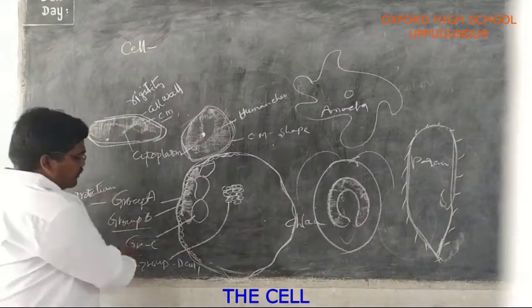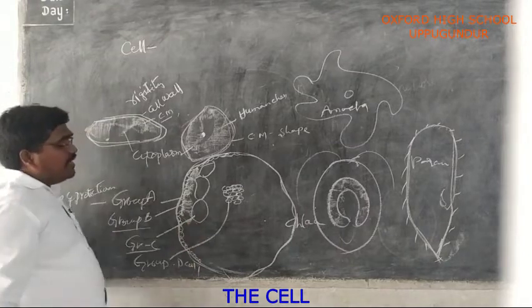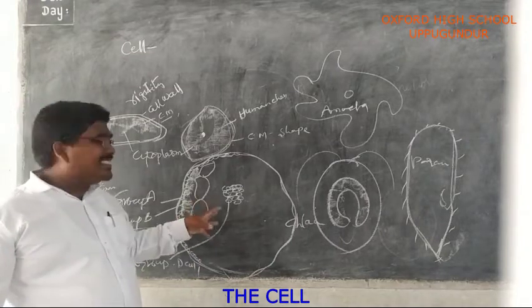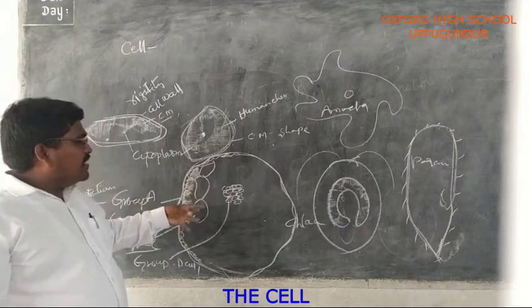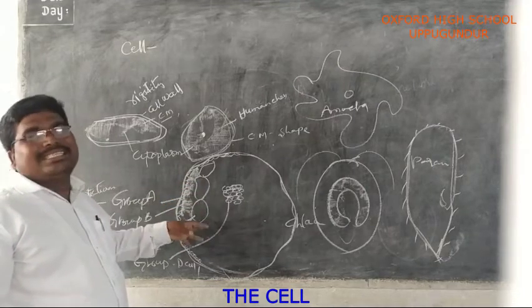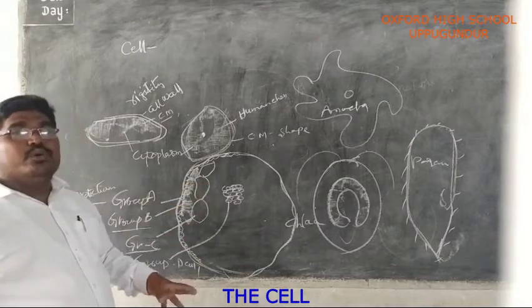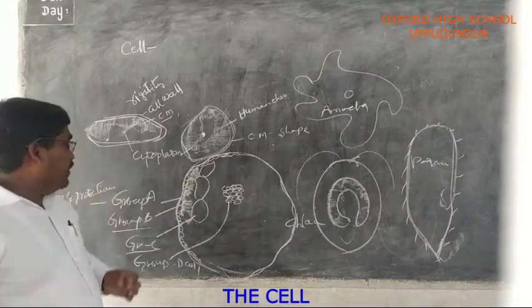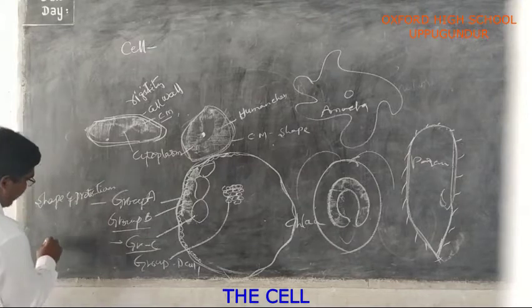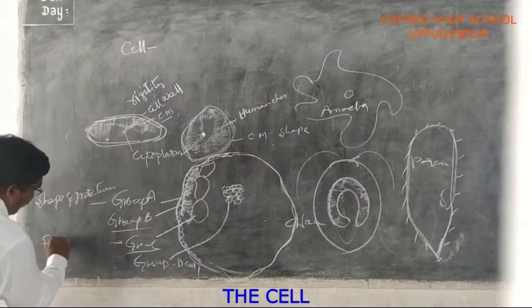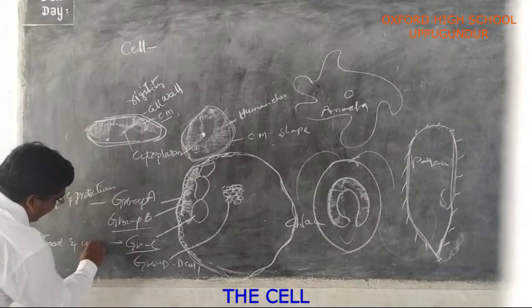If you come to the group C cells, they contain long, branched, sieve tube-like structures, useful for the transportation of food and water. Group C cells transport food and water.